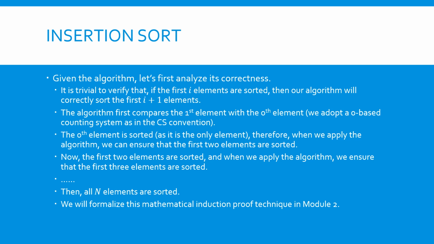You can see that the reasoning goes on and on until we reach the last element. In this case, we can see that the entire list is sorted. Such a reasoning process can be formalized as the proof technique called mathematical induction, and we'll discuss it in more detail in Module 2.